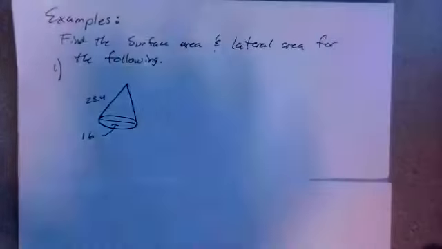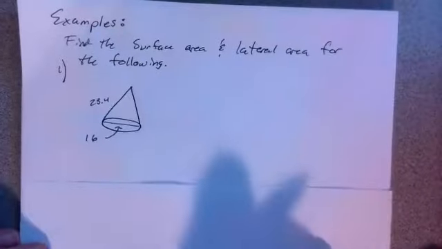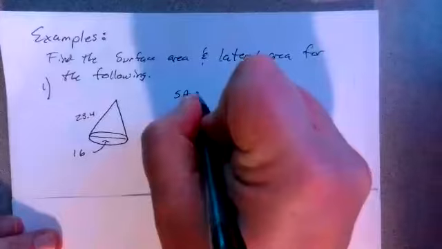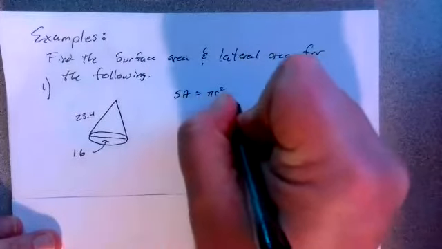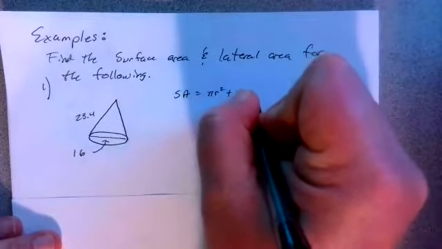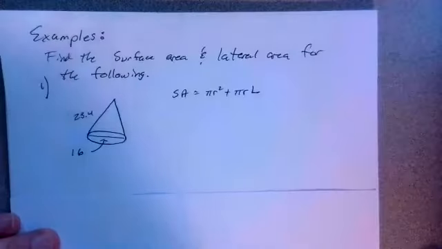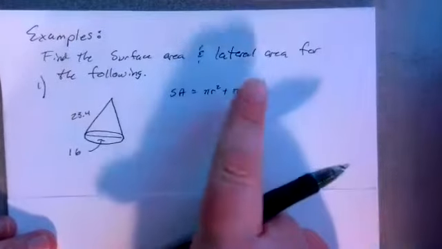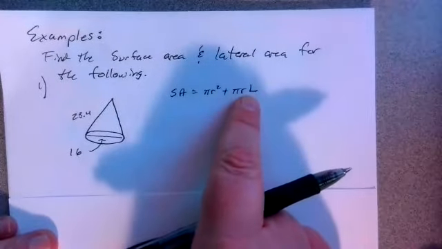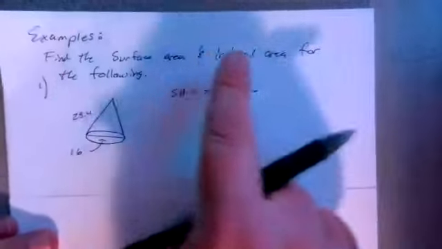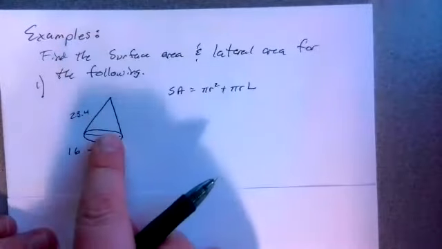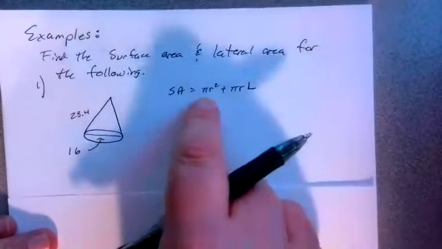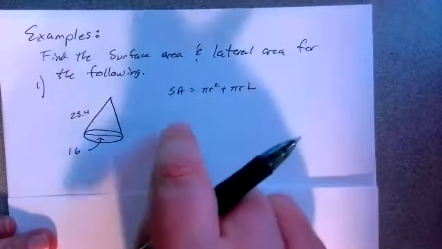First example is a cone. Remember, the surface area is pi r squared plus pi r L, where L is slant length. Here is your area of the base, and here is the lateral area. Now, this asks us to find the surface area and the lateral area for this cone. So we might as well start with the lateral area, and then we can add the base and find our total surface area.